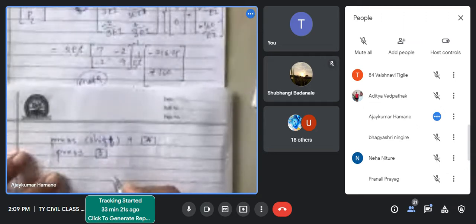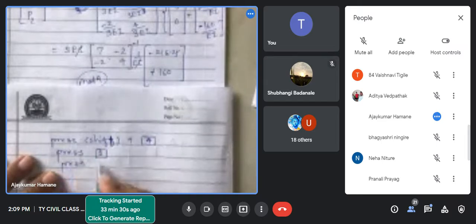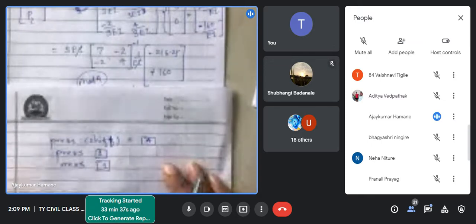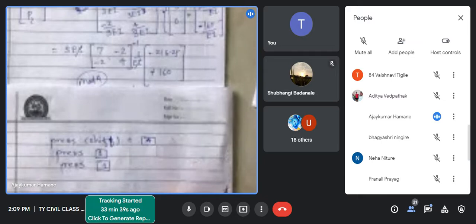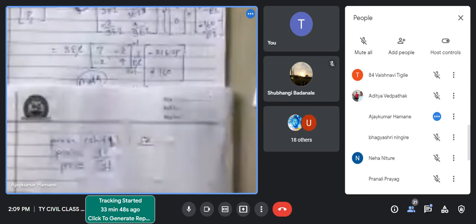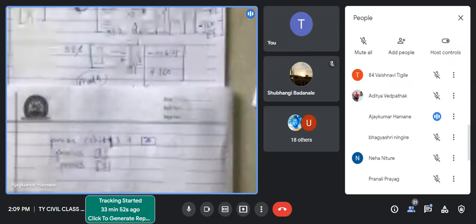Then we have three matrices here, mat A, mat B, mat C. Then again press 1. Now what is the order of the matrix? It is 3 by 3, 3 by 2, 3 by 1, 2 by 3, 2 by 2, 2 by 1. So this matrix is a 2 by 2 matrix. For 2 by 2 press 5.